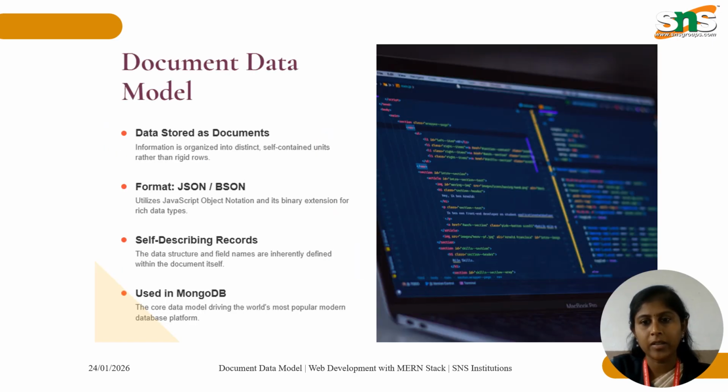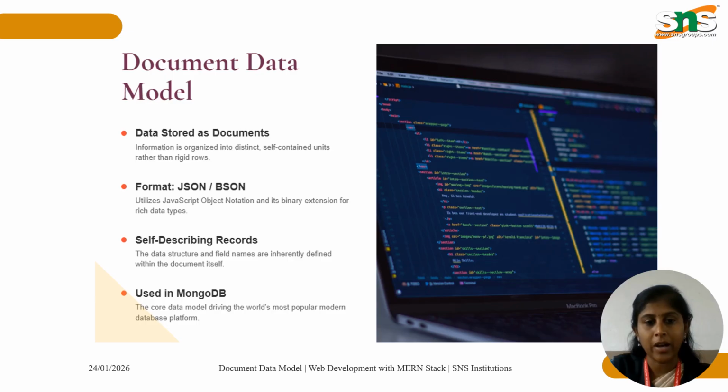Now let's define the document data model. The document is the basic unit of data storage in MongoDB. Each document consists of field-value pairs, where fields represent attributes and values store the corresponding information. Documents are stored inside collections and are represented in BSON format, which is MongoDB's binary version of JSON.